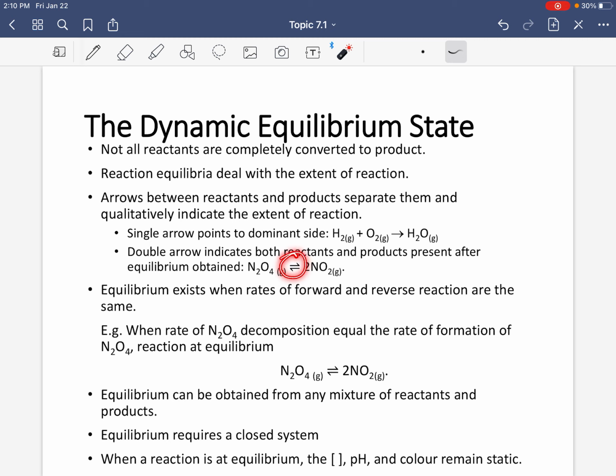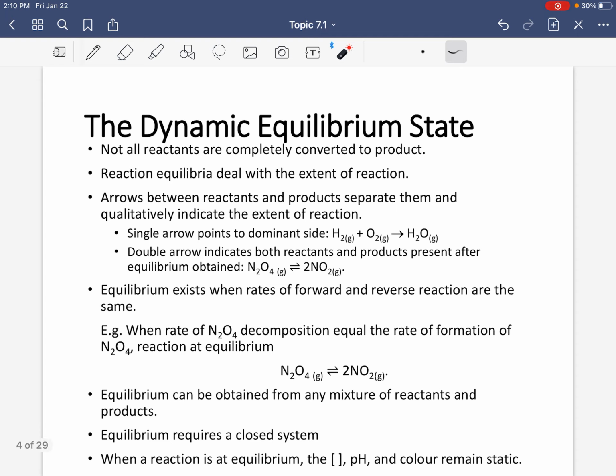We're going to see this a little bit more, where we see that double arrow, which is an indication of an equilibrium reaction, whereas a single arrow is what we've been seeing all this time, which has no capability of going backwards. We know this already when we looked at dynamic equilibrium, that the forward and reverse reaction rates have to be the same in order for equilibrium to establish.